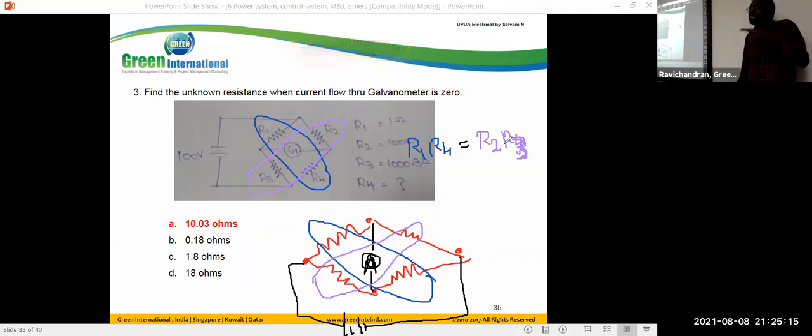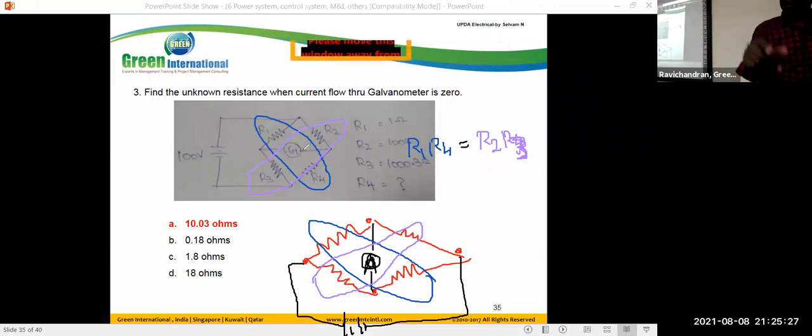So in this way, we need to find the value. In our exam, the question may be: find the unknown resistance value when the galvanometer reads 0. Sometimes they give the 4 resistances and ask how much current will flow in the galvanometer. If the question is like this, by default put the answer 0. There is no need to calculate. But anyhow, you can cross-check your answer by multiplying the resistance values.